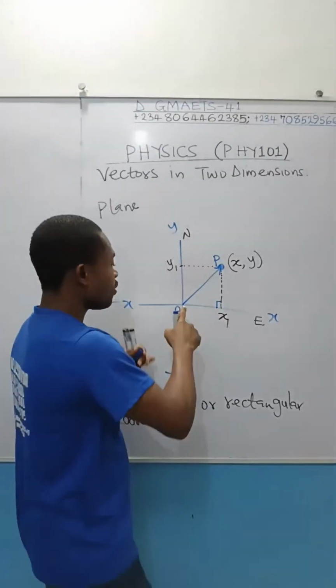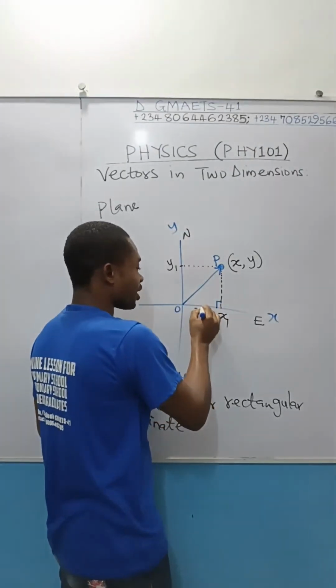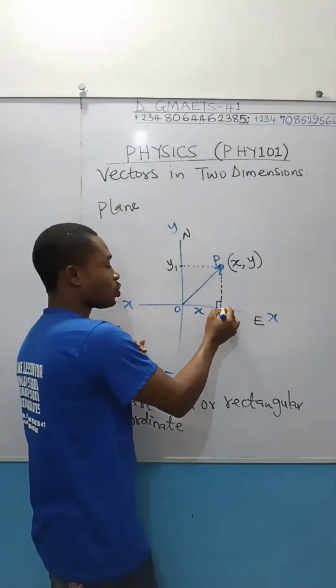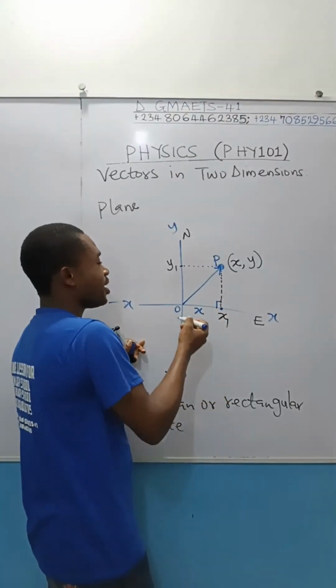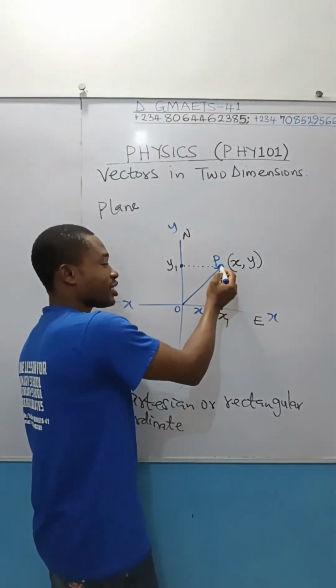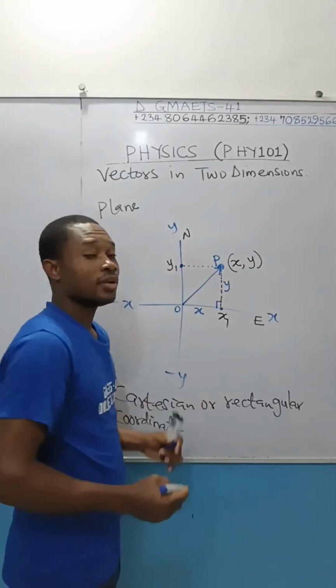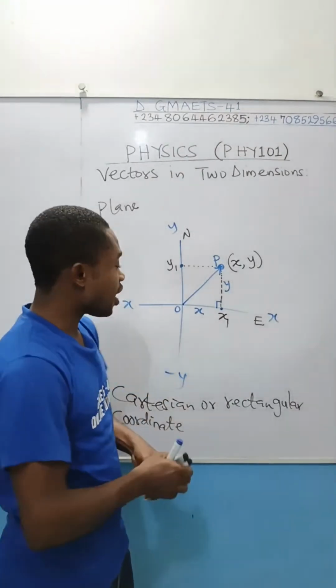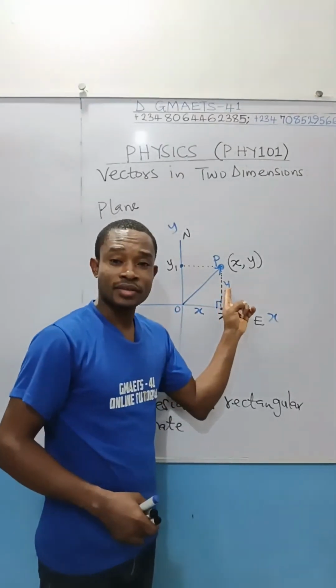From the origin to this point, we can call it X. And from the origin to this point, along this vertical, we can call it Y. So we have X and we have Y.